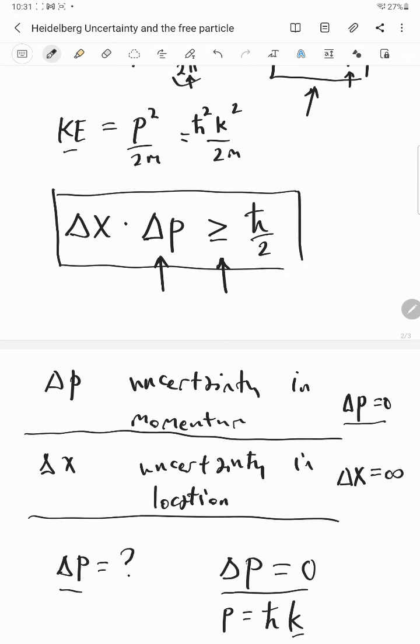That's the only solution I can have to this, right? And this is an absurdity. It says that you actually have no knowledge about where the particle is.